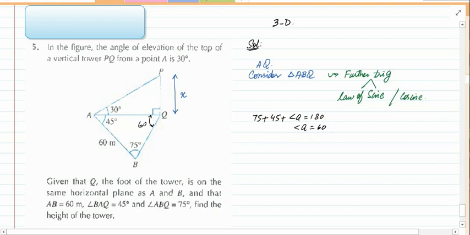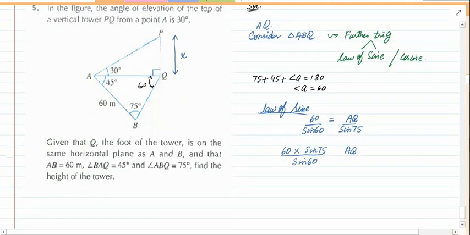Now we can find the value of AQ easily by using law of sine, right? Applying law of sine, it will be 60 divided by sine 60 is equal to AQ, that is unknown, divided by sine 75. Make AQ the subject of the equation, so it will be 60 times sine 75 divided by sine 60.